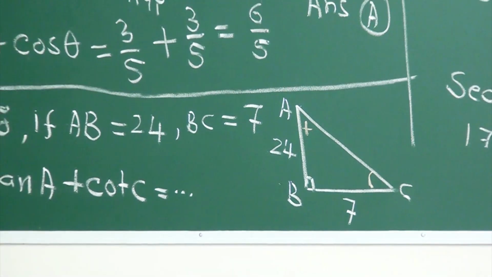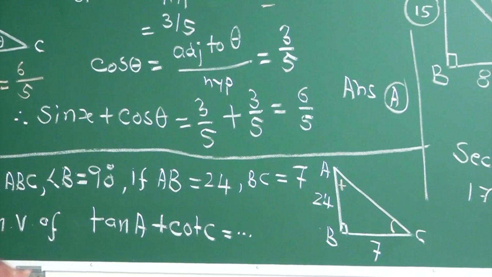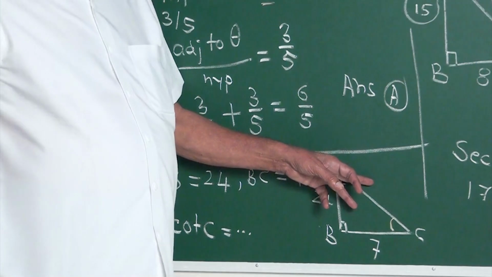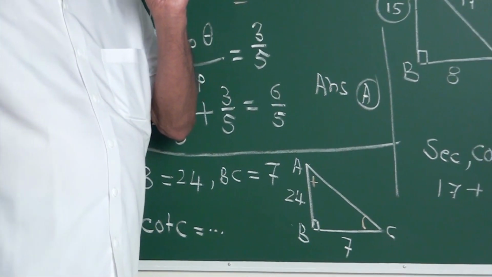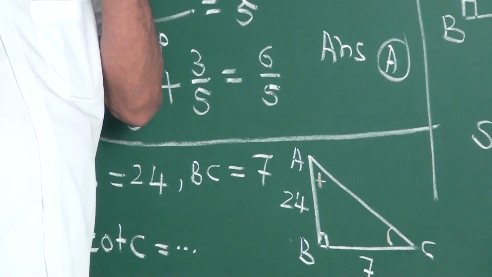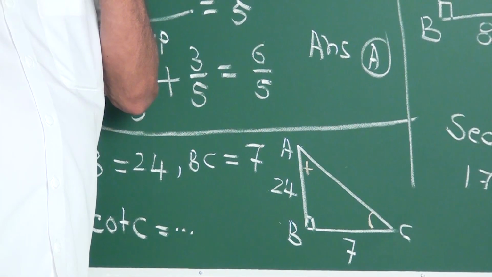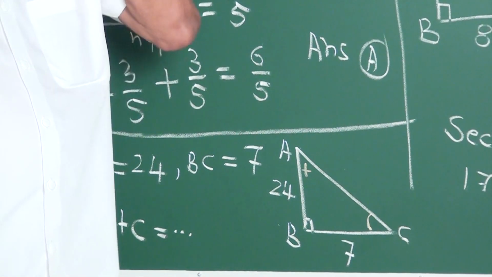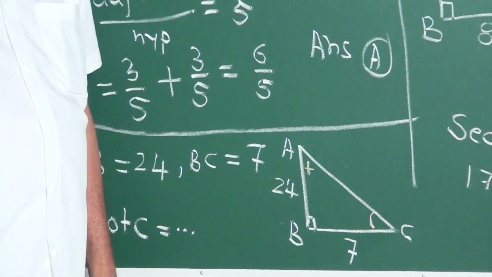Tan A plus cot C. Yes. Tan and cot. Is the hypotenuse necessary? I told you, my friends, you must be very, very sharp, especially in doing multiple choice questions, MCQs. Brain must be very sharp, very, very quick also, my friend.